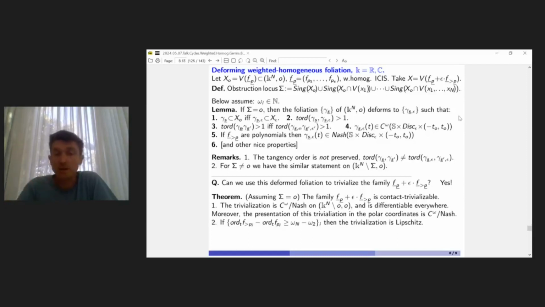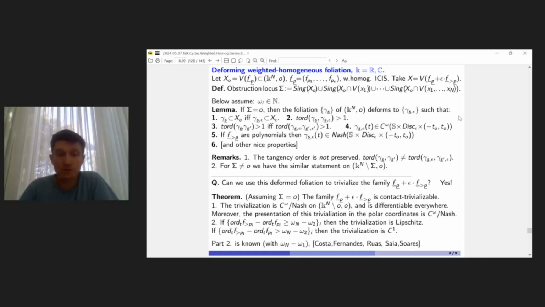And if there is some inequality on weights, then the trivialization is Lipschitz. If you perturb by higher order terms and the difference of orders is large enough, then the trivialization is Lipschitz, and if it is even larger, then the trivialization is C1.